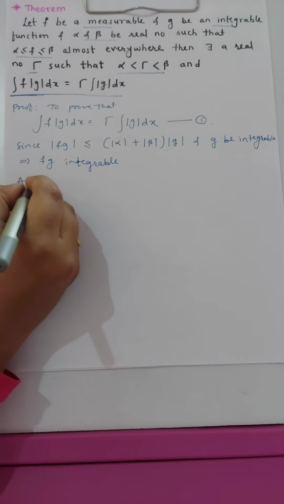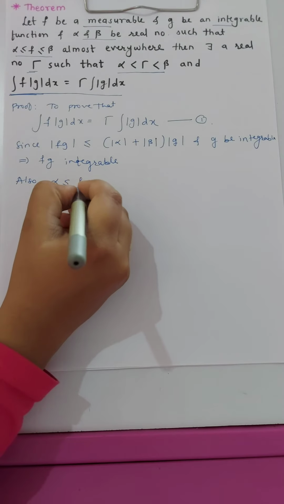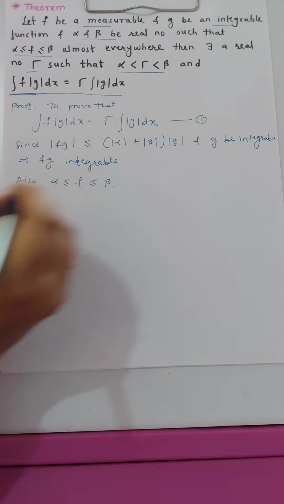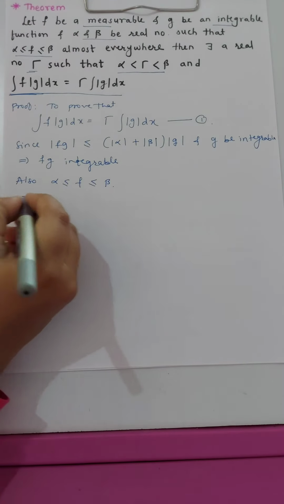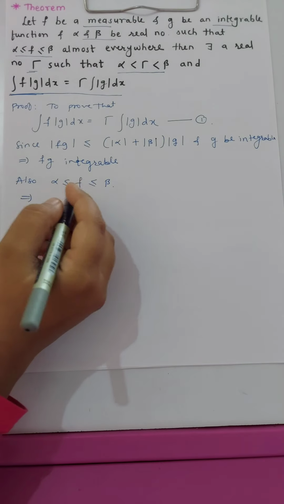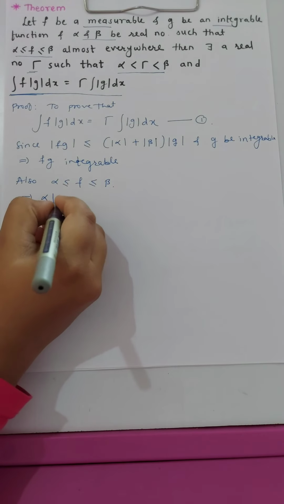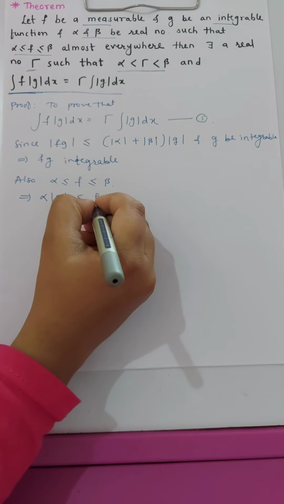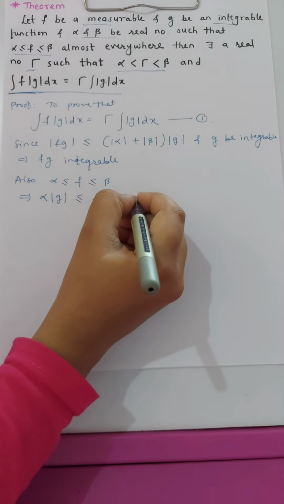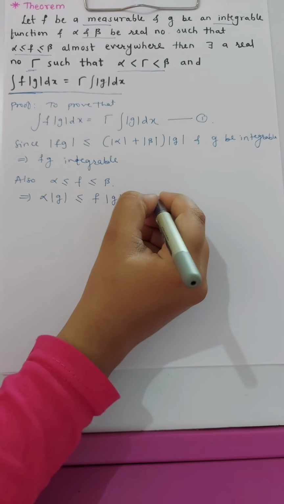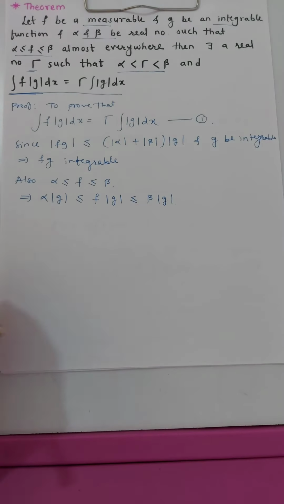Now also it is given that alpha is less than or equal to f less than or equal to beta. So multiplying by mod g, we get alpha into mod g less than or equal to f into mod of g less than or equal to beta into mod of g.